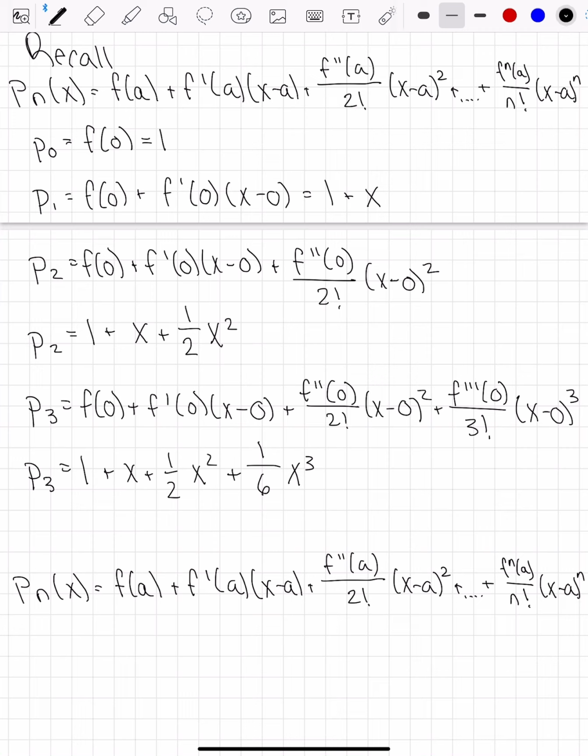So we already have the first three terms. We have 1 plus x plus 1 over 2 x squared plus 1 over 3 factorial x cubed. And then when we think about this very last term, we know f^(n) of, in this case a is 0.